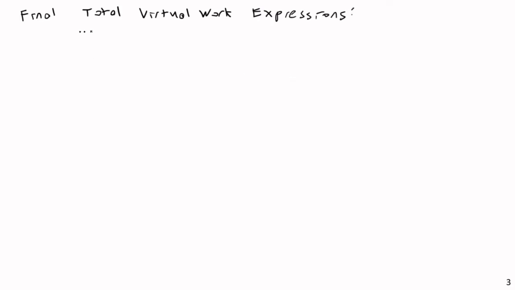And that is, once we say work virtual external is equal to work virtual internal, we can just combine these together. And for the deflection case, we'll have this equation.